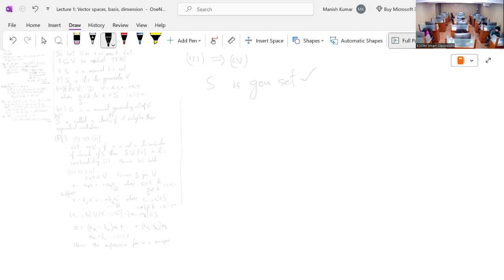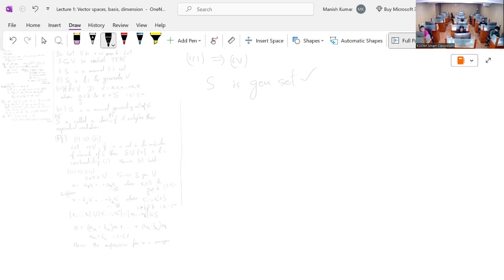So if you drop something, then that element basically you can't write.